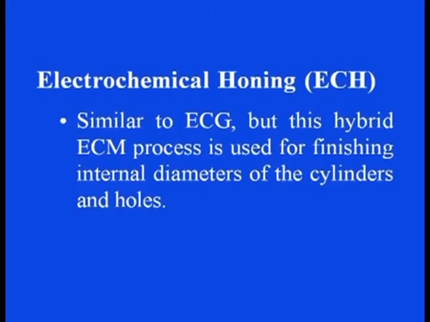The next variant of this process is electrochemical grinding. This is a hybrid ECM process, and this uses a rotating cathode embedded with abrasive particles for applications comparable to milling, grinding and sawing. Electrochemical honing is another variant, or hybridization, of this process.